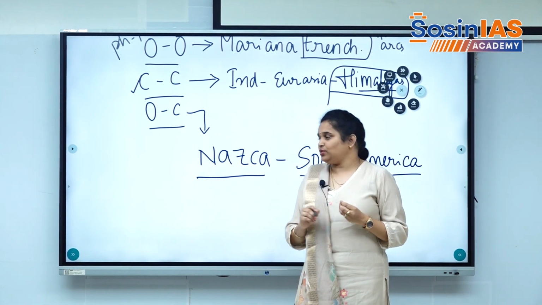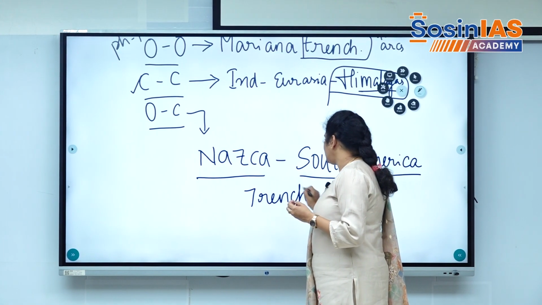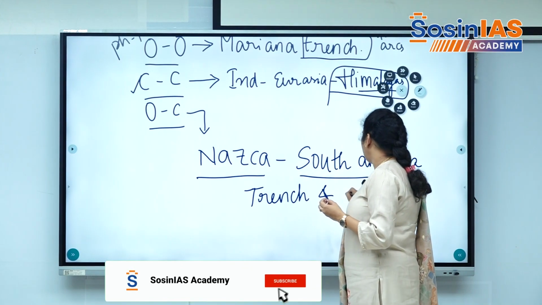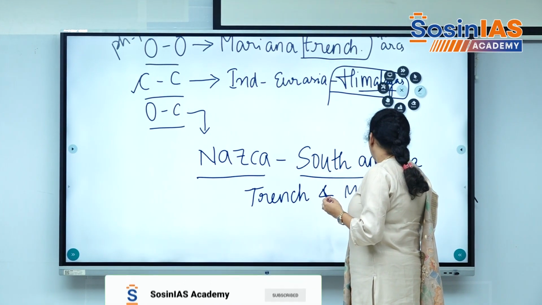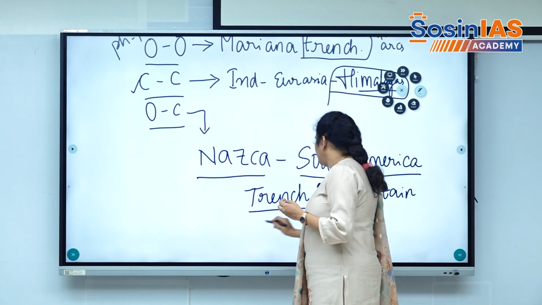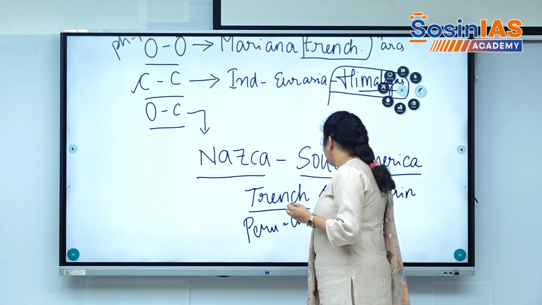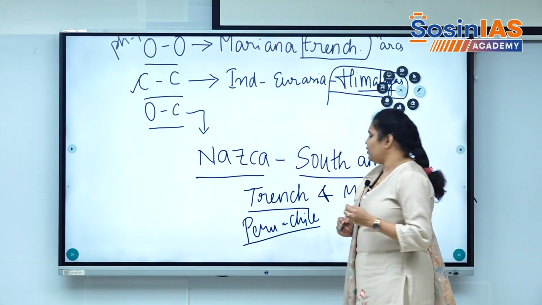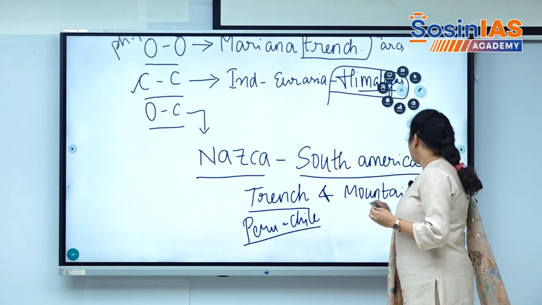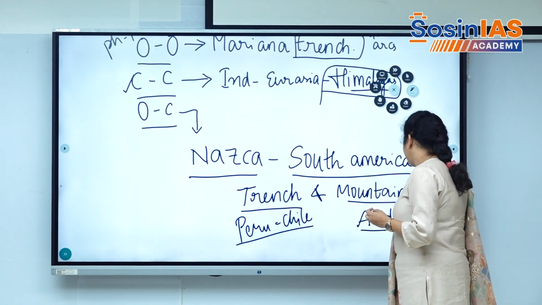And what is the feature associated with ocean-continent convergence? It would be a trench and a mountain arc or a volcanic mountain system. So, the trench here is the Peru-Chile Trench along the coastline of South America, and the mountain system is your Andes mountain system.